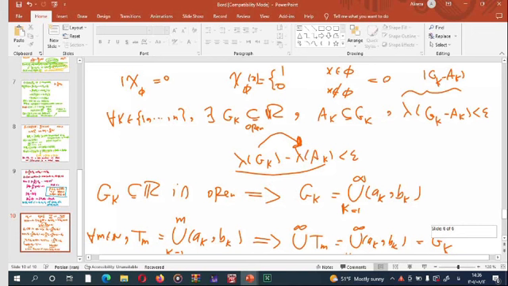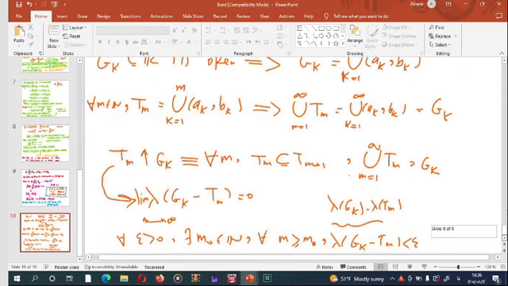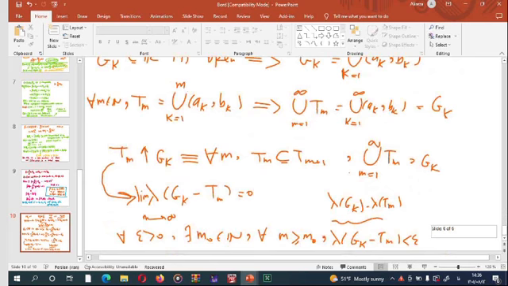So at first we can approximate this A_k by an open set G_k. This G_k is open, so G_k equals the countable union of bounded open intervals. And in the second part, this G_k can be approximated by T_m, and we know that T_m is a finite union of bounded open intervals.